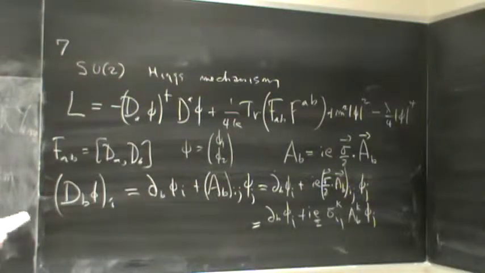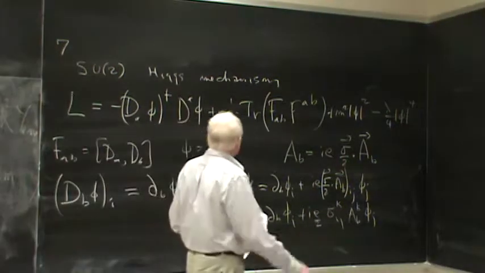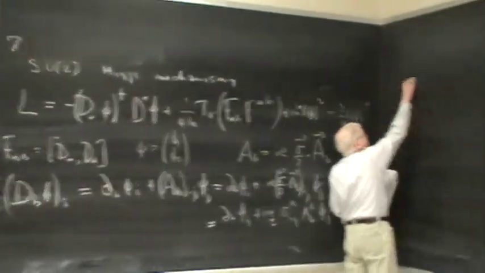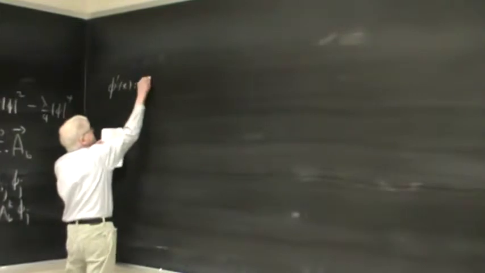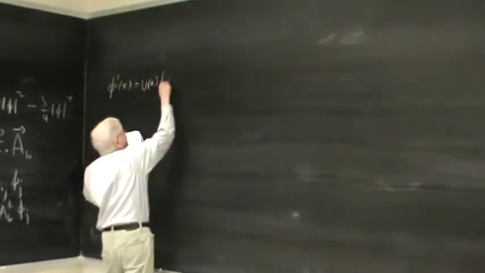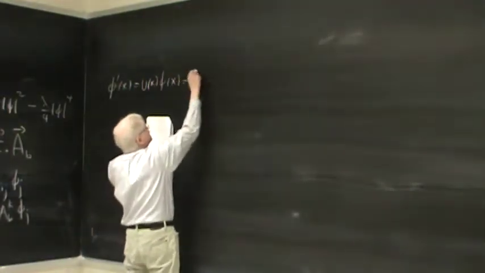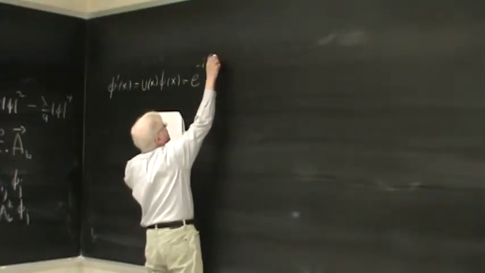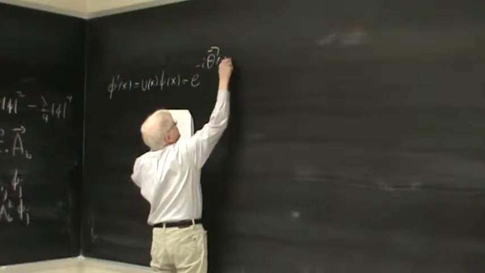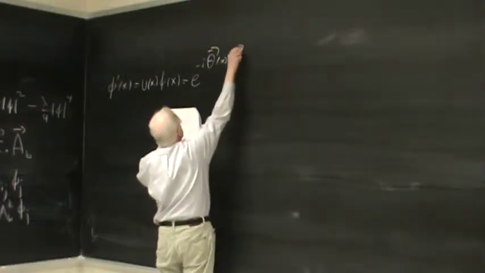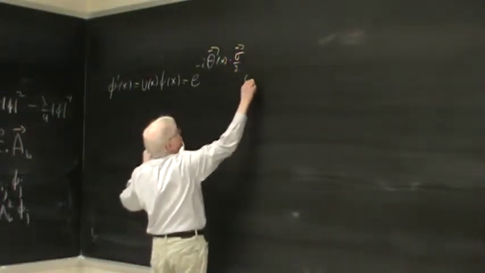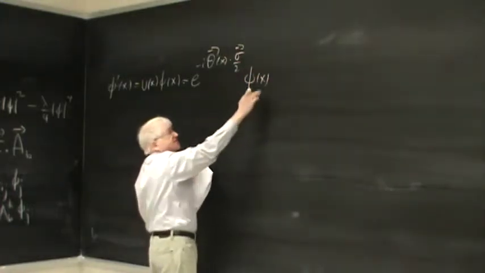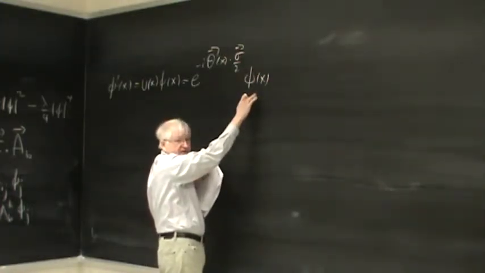And this is invariant under the SU(2) transformations. Phi prime of x equals U of x phi of x, where U is e to the minus i theta of x dot sigma over 2. So this is a 2 by 2 matrix, and phi is a 2-component complex vector.